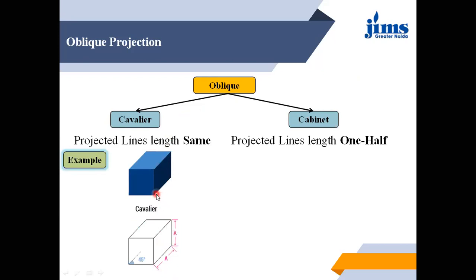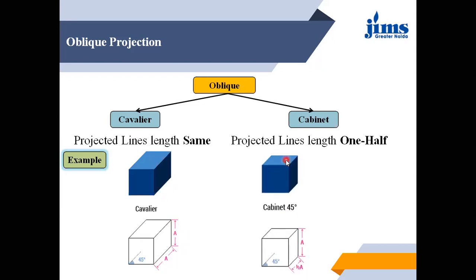Suppose this is A, then we take A. Suppose this is also A, then we take A. But in this case, you can see over here that we are taking 1 by 2 of A. This is A and this is 1 by 2 of A, that is half of A. So this is the difference.